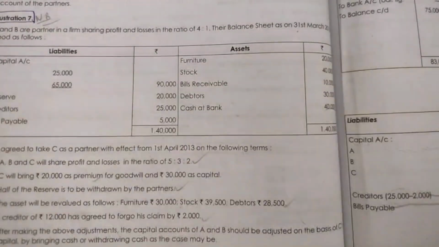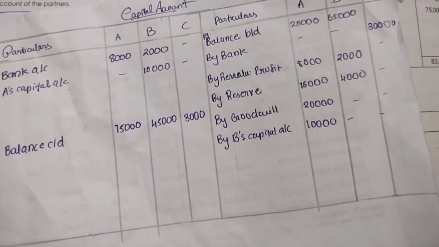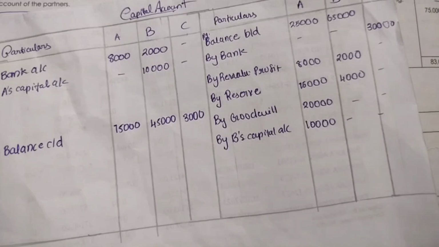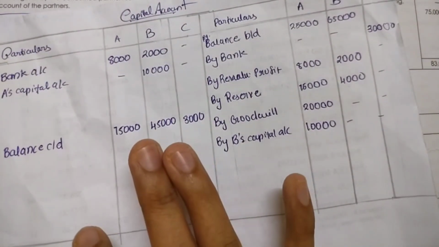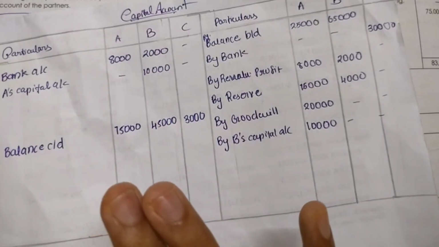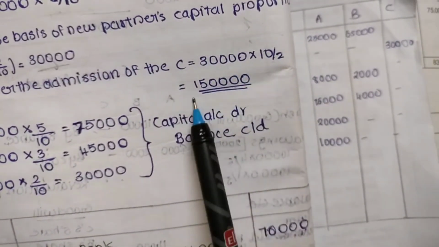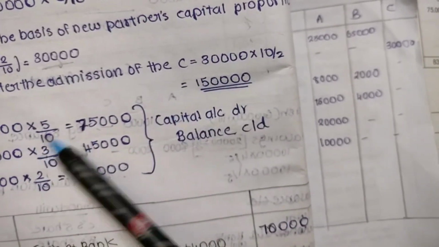For that we used the new partner's capital and his new profit sharing ratio, and we brought that new profit sharing ratio to the other side, and it became what? Multiplication becomes division and division becomes multiplication, right? So 30,000 into 10 by 2, and we got 1,50,000 as the firm's capital, and we are multiplying the new profit sharing ratio with it.